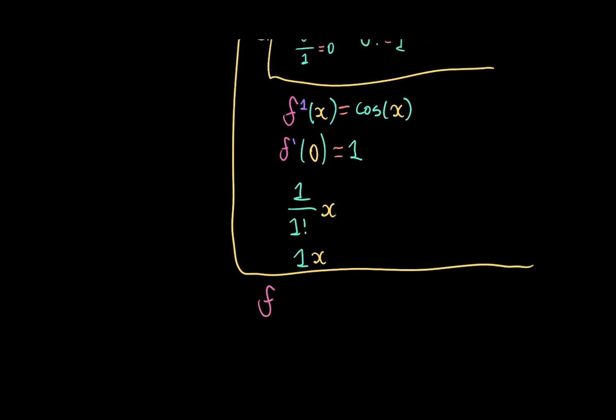f second derivative of x, let's just do this quickly, is equal to negative sine of x, and then f double prime of 0 is equal to 0.